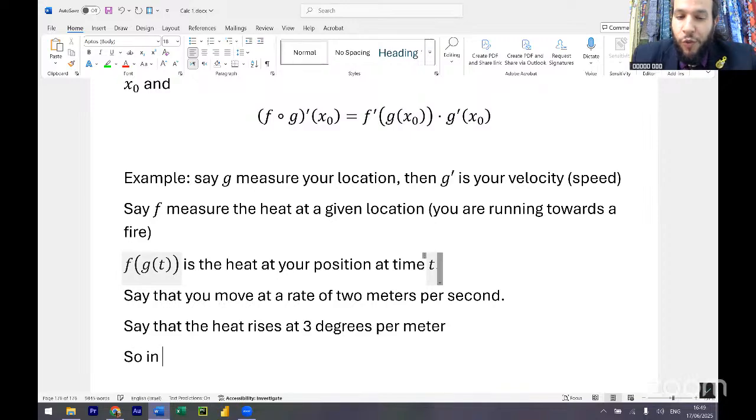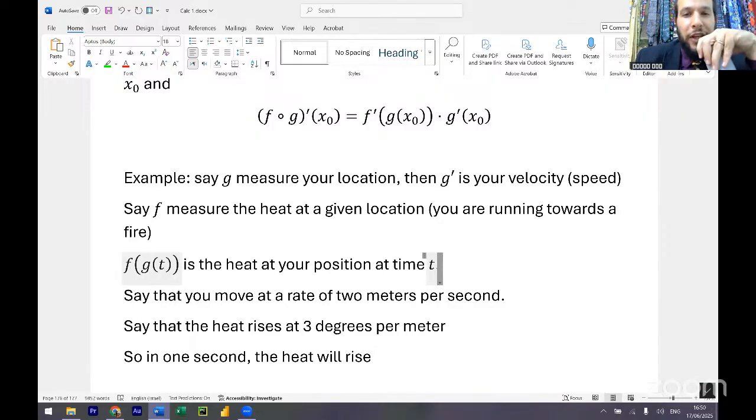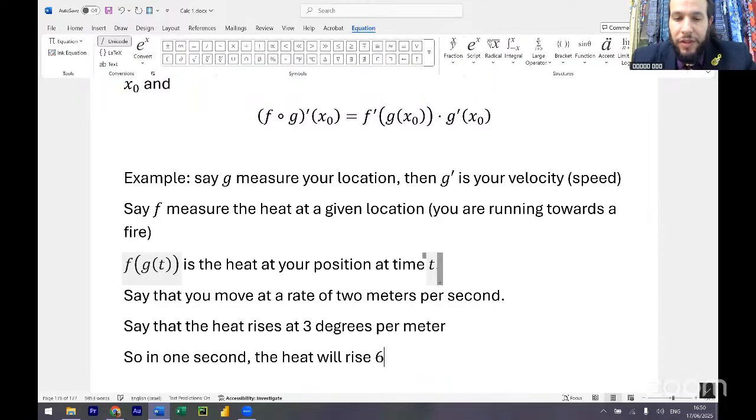So in 1 second, how many degrees will the heat rise? Now read it and try to answer. Yes, Sammy. It will rise 6 degrees.